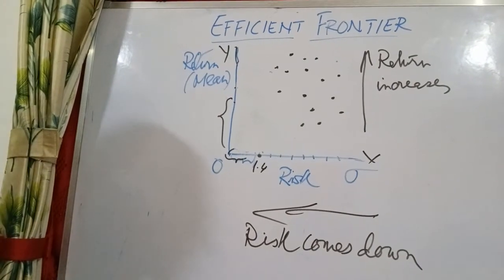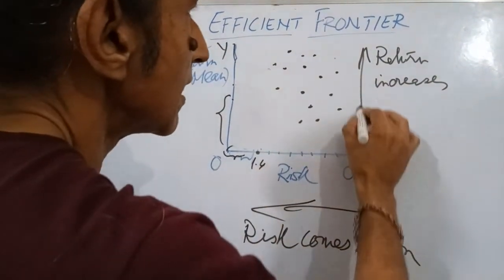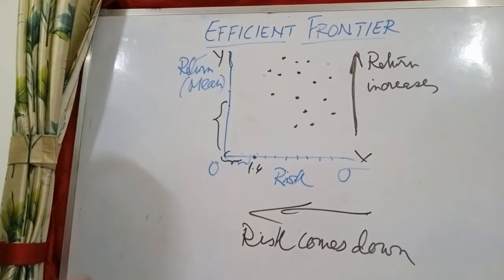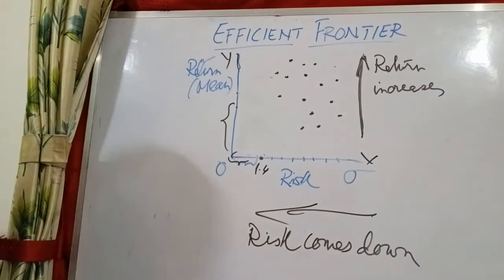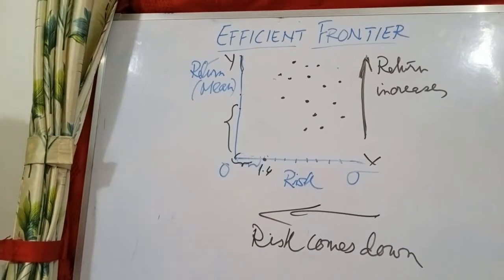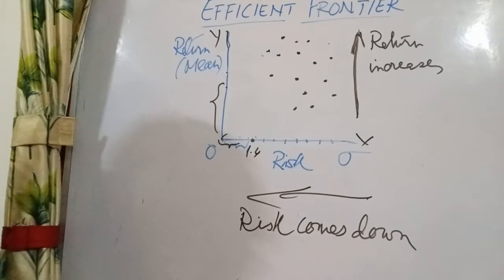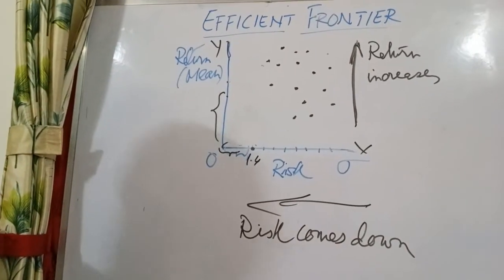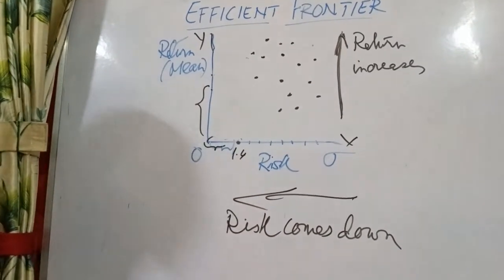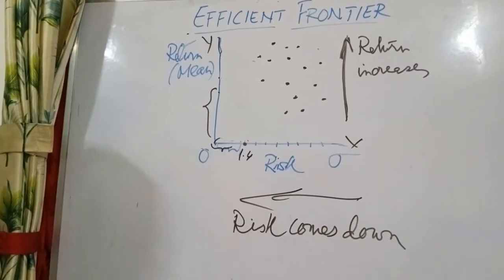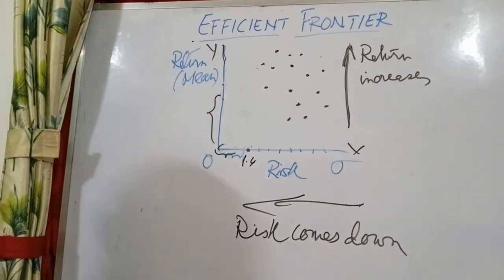So as one moves up, diversification is going on. But diversification has a limit. There is a boundary or frontier. That frontier is called efficient frontier.